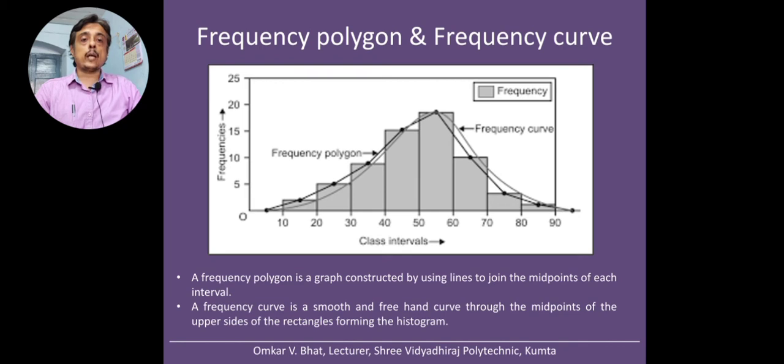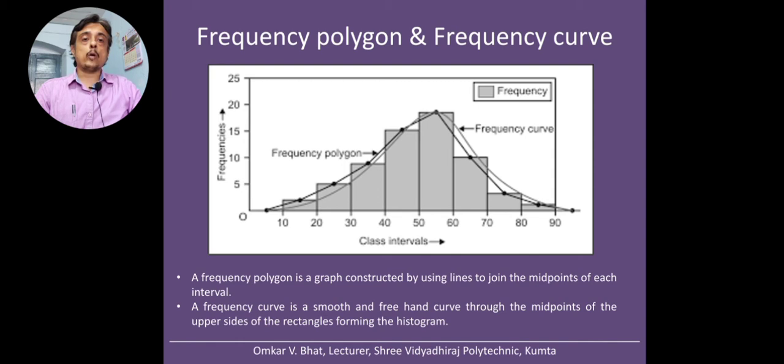See, in order to calculate a midpoint, you need to add lower class interval and upper class interval. Then divide the addition answer by 2. See, in the first bar, class interval is from 10 to 20. 10 plus 20 is 30. 30 divided by 2 is 15. So 15 is the midpoint.